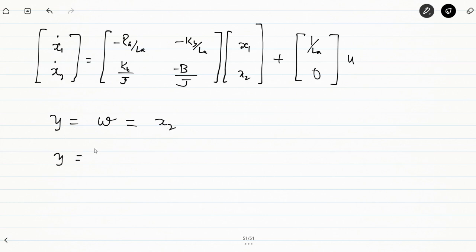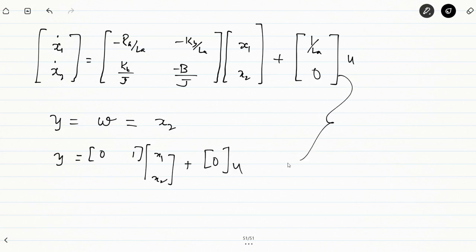So putting it in the matrix form, we have y equals 0 1 times x1 x2 plus 0 times u. So this state space model was designed for speed control of a separately excited DC motor.